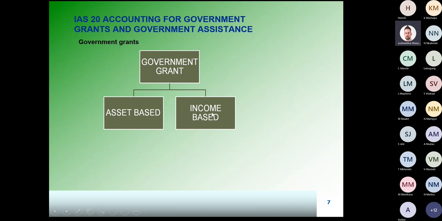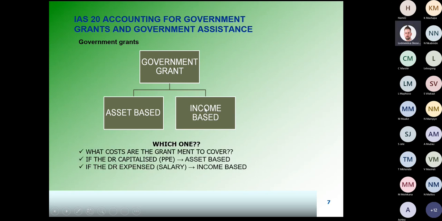So when you have a question, you must always look at what are we trying to buy here that the government grant is going to subsidize. Are we going to buy an asset? Then it will be asset-based. If it is going to subsidize research costs or salaries or some other expense in your income statement, then it will be income-based. So which one? What cost is the grant meant to cover?